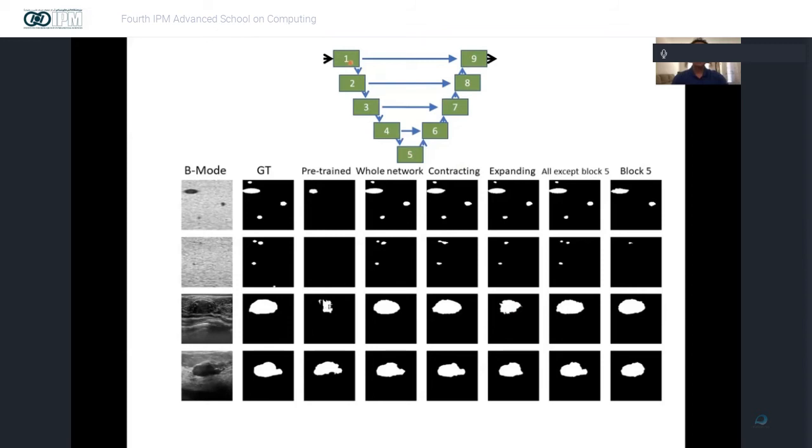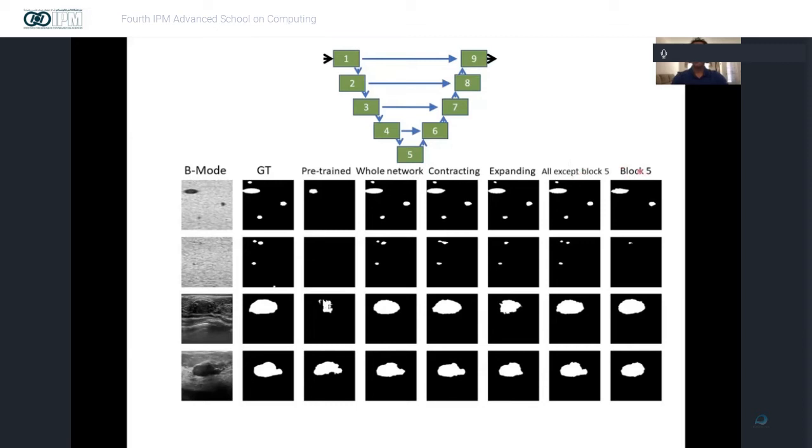Now, I have to mention that block 5 has many parameters. This entire network has 30 million parameters, and the bottleneck itself has 15 million. So half of the weights are here. And this column and this column represent fine-tuning the same number of parameters, right? And we see a sharp contrast between these two columns.